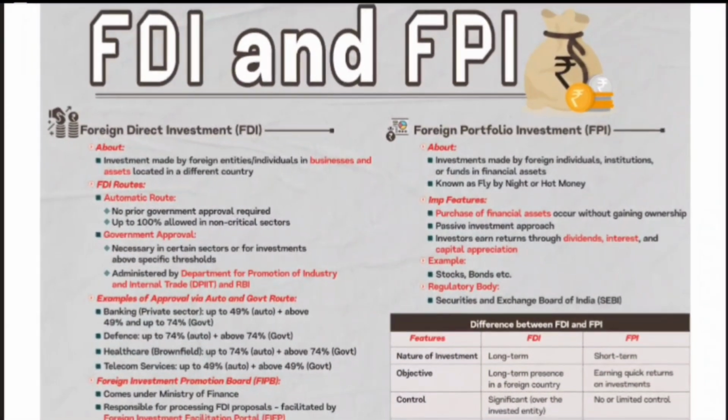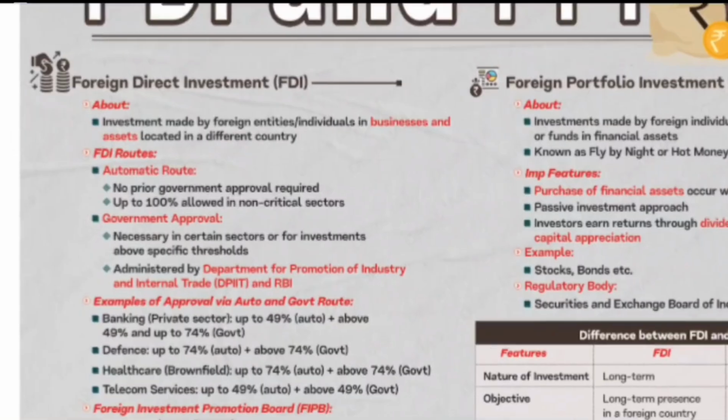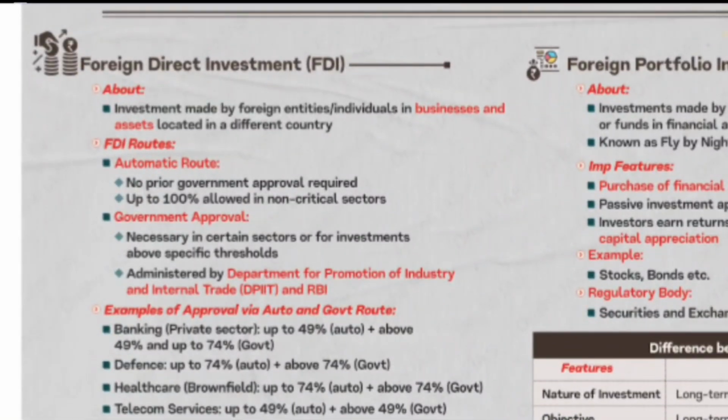What is FDI and FPI? Foreign direct investment is the investment made by foreign entities or individuals in businesses and assets located in different countries. FDI routes: first is the automatic route, where no prior government approval is required, up to 100% allowed in non-critical sectors.